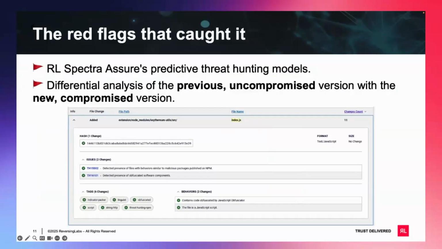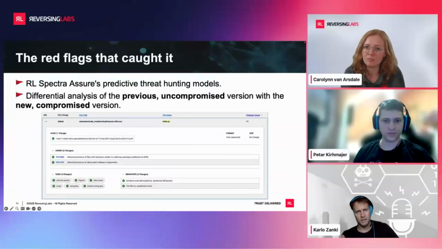Carlo, can you take this over about predictive threat hunting models? So basically, these are ML models that are developed in-house, not LLMs, but developed on specific training sets and based on a set of features, like any ML detection model.